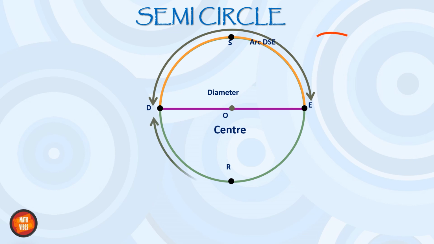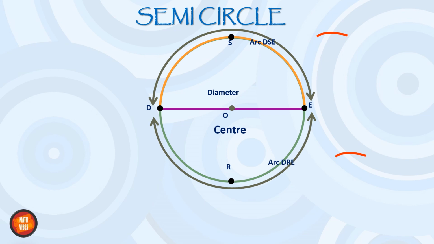In the same way, this arc DE is also a semicircle, DRE. So there are two semicircles in a circle. One is arc DSE, another is arc DRE.